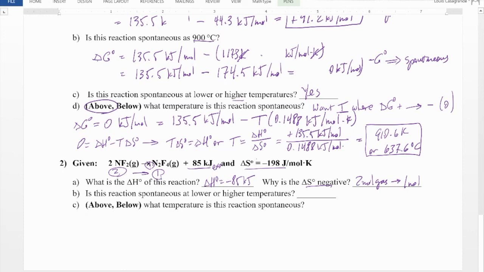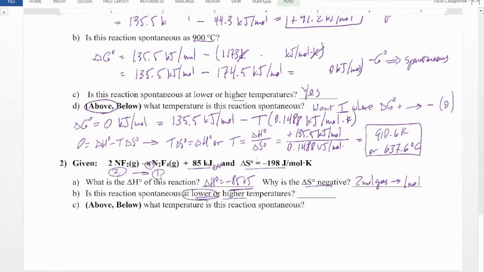So let's think about this for a moment. Is this going to be spontaneous at lower temperatures or at higher temperatures? At lower temperatures, the delta H, remember, is more important. As you get to higher and higher temperatures, the delta S is going to be more important. And so that negative delta S is more important at high temperatures.